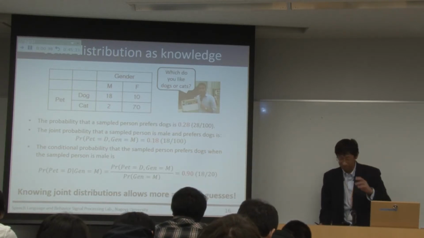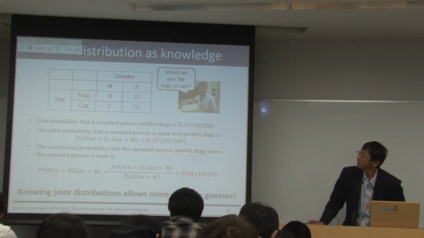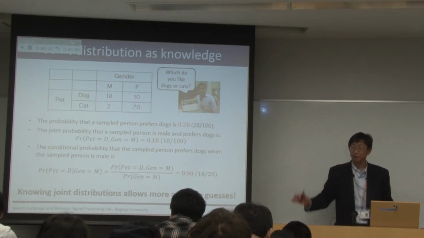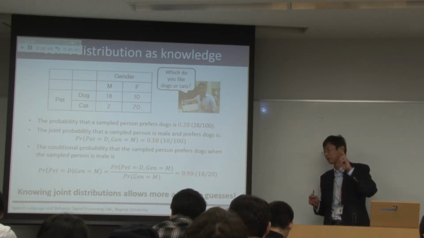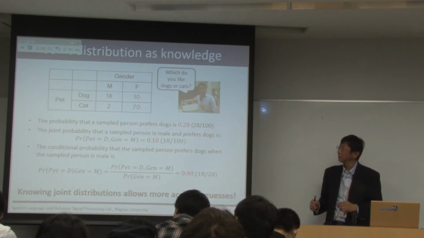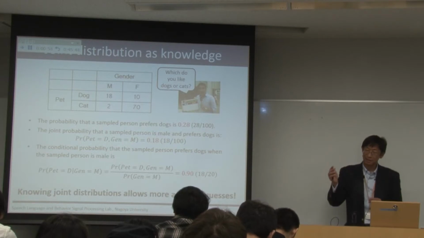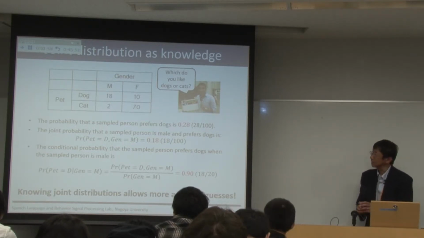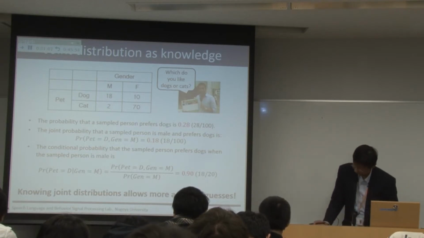One variable is the type of pet, and the other one is gender. So there are two variables. One is pets, cat and dog, that is binary, and the other one is gender, that is also binary. This is a cross table, but this is actually joint probability.